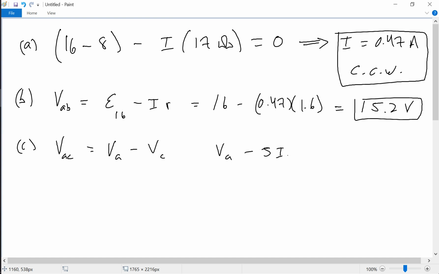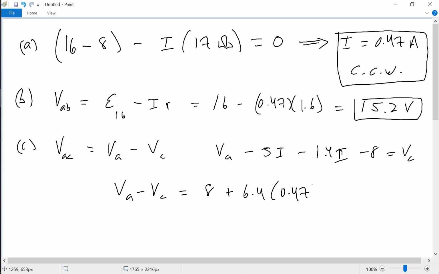So VA minus 5I minus 1.4I minus 8 equals VC. If we rearrange this into the form VA minus VC, we'd have to move all of these terms to the other side. They would all become positive. That would be 8 plus 6.4 times 0.47 amps, which gives us a positive 11 volts.